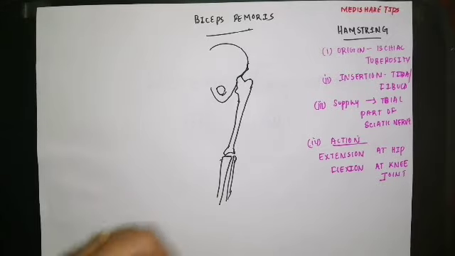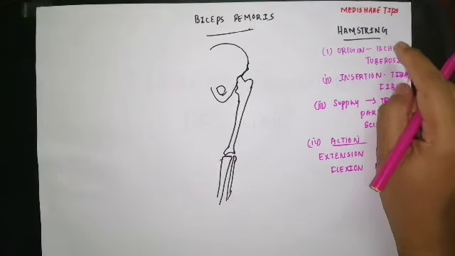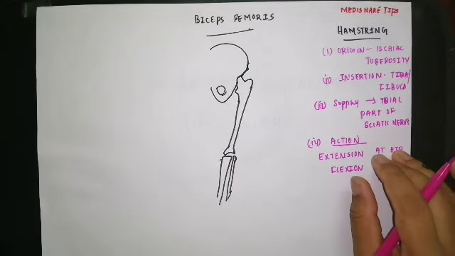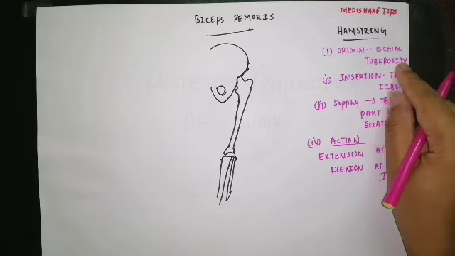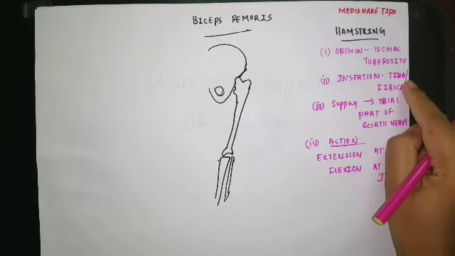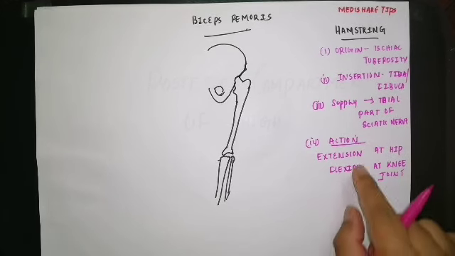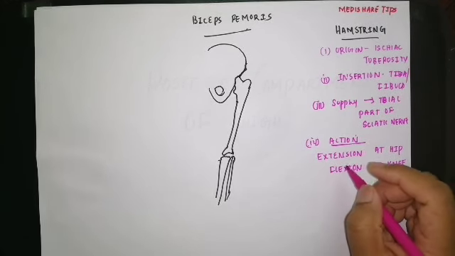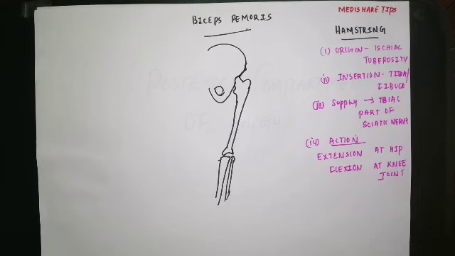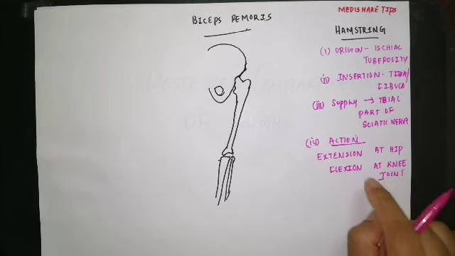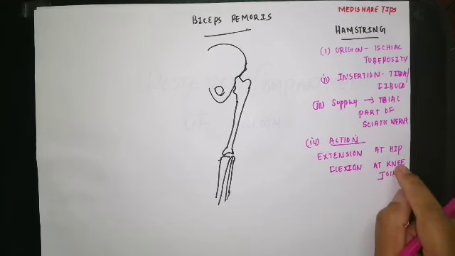So a hamstring muscle should have these four features. That is, it should originate from the ischial tuberosity. The insertion should be either to the tibia or fibula. It should be supplied by the tibial part of sciatic nerve, and the action is very important. That is, a hamstring muscle should cause extension at hip joint and flexion at knee joint.